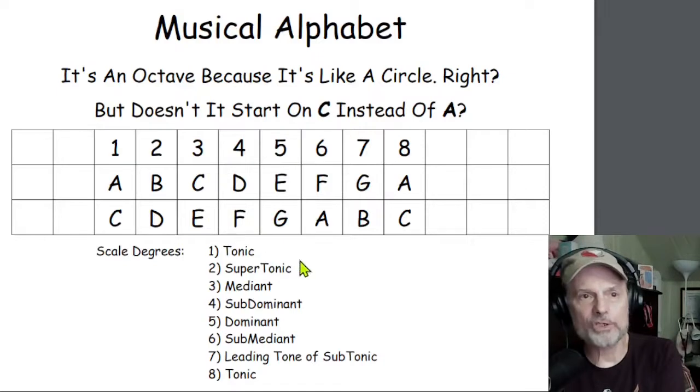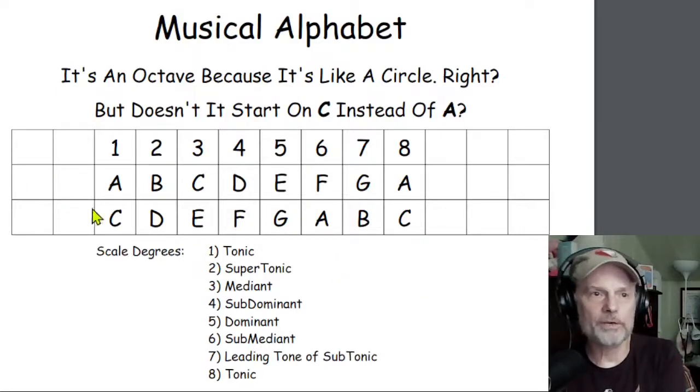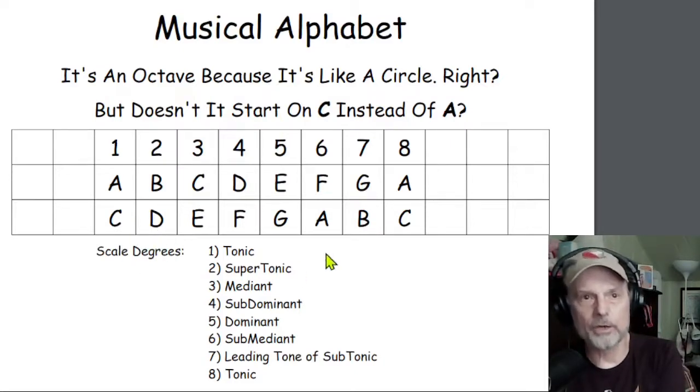And between the subdominant and the higher tonic, we have another middle. This one's called the submediant. Subdominant, submediant. Dominant, mediant. Subdominant, submediant. Now, that only leaves one above the tonic, supertonic, and one below the tonic, subtonic.